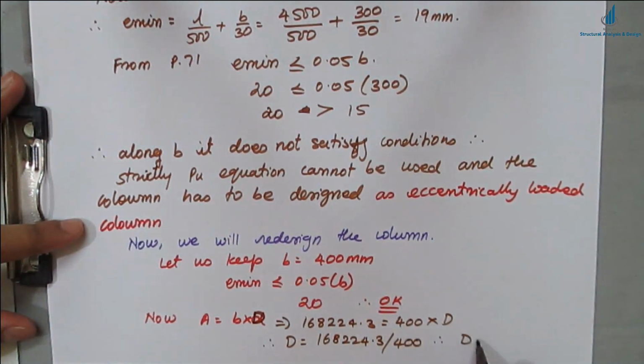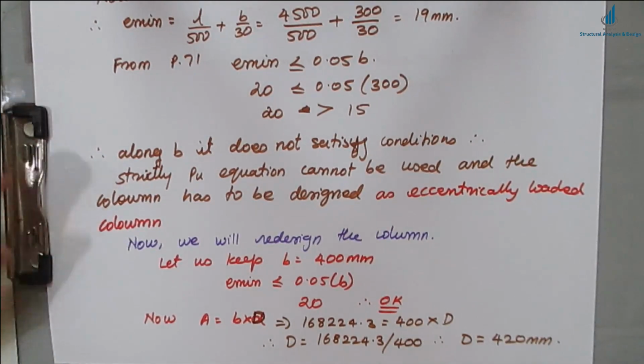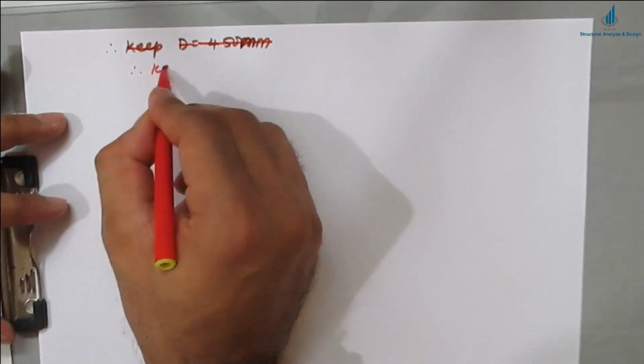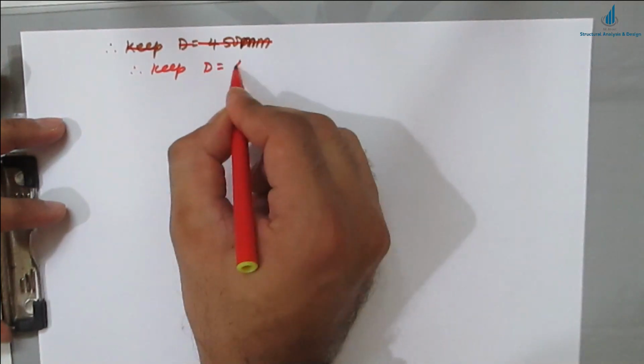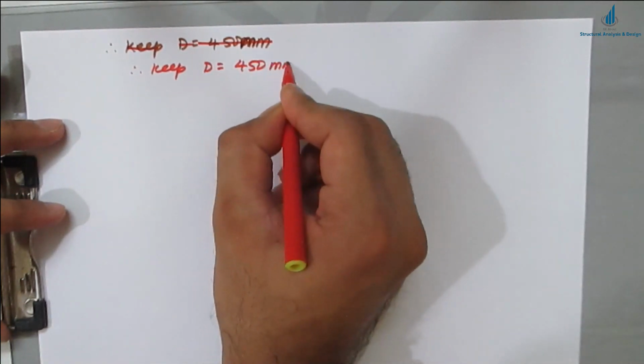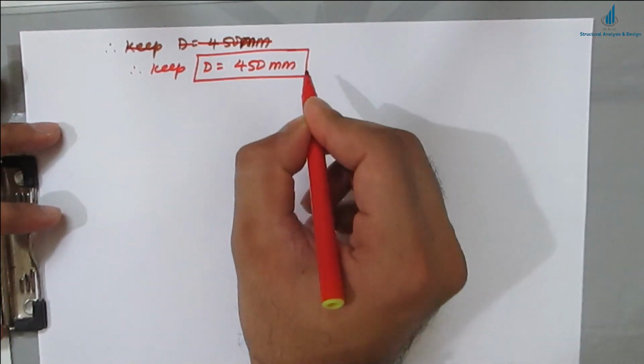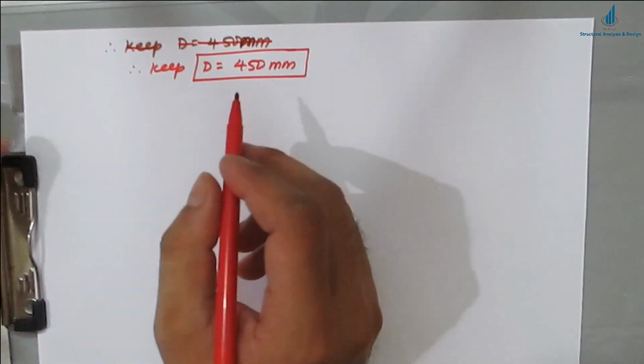Therefore, D you will be getting 420 mm. So as it is a rectangular column, we will keep D equals 450 mm. Okay, so it should look like a rectangular column. So we will not keep it at exactly 420. We will keep it as 450 mm.